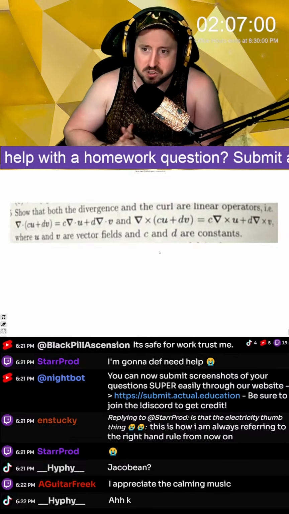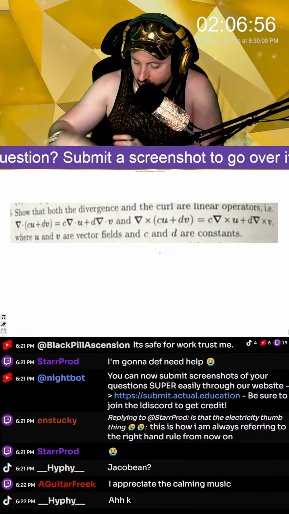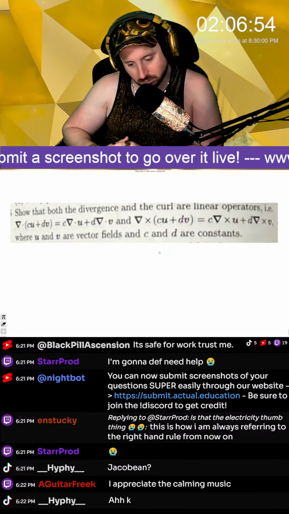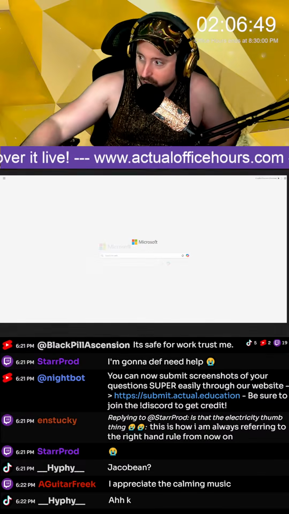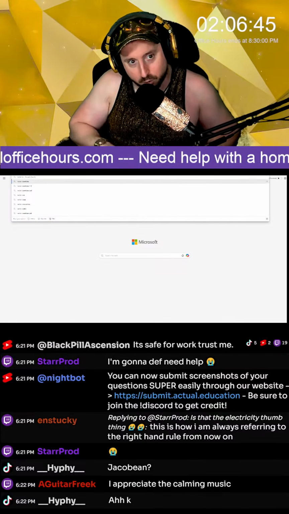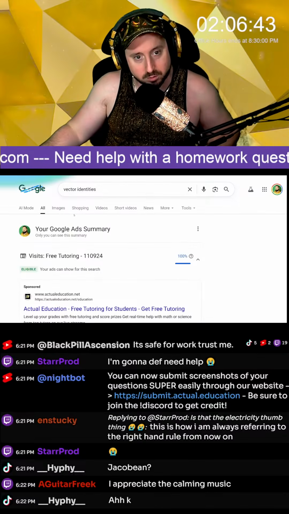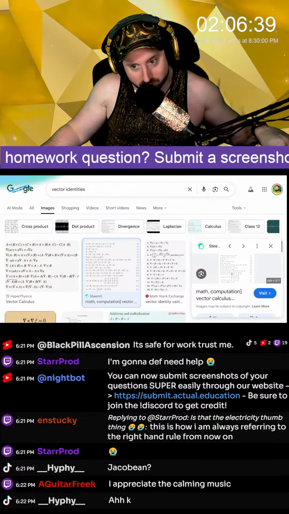Let's see. Show that the divergence and the curl are linear operators. I'm curious what it means by, like, show. What am I allowed to use? Because there are a lot of fun vector identities, I guess. But do I have to prove the identities, or am I allowed to assume they're true? Right, these are all of them. I know, it's a lot.